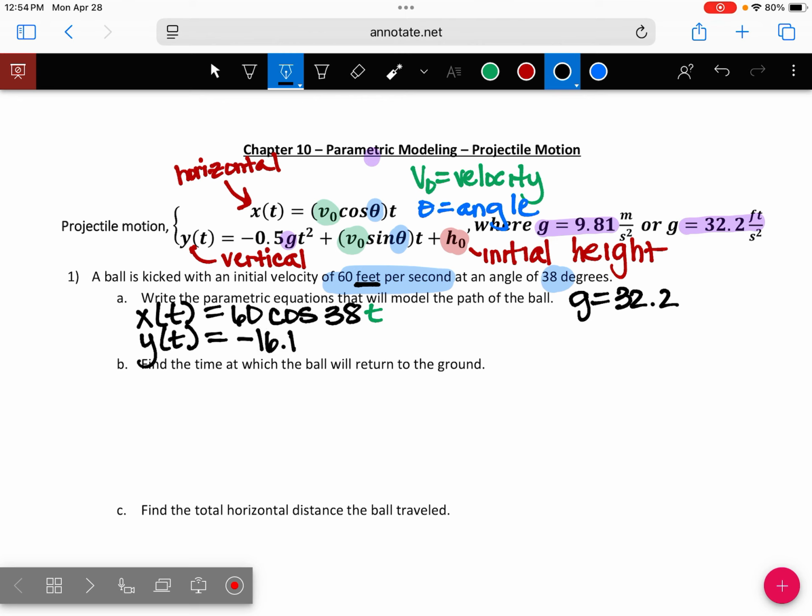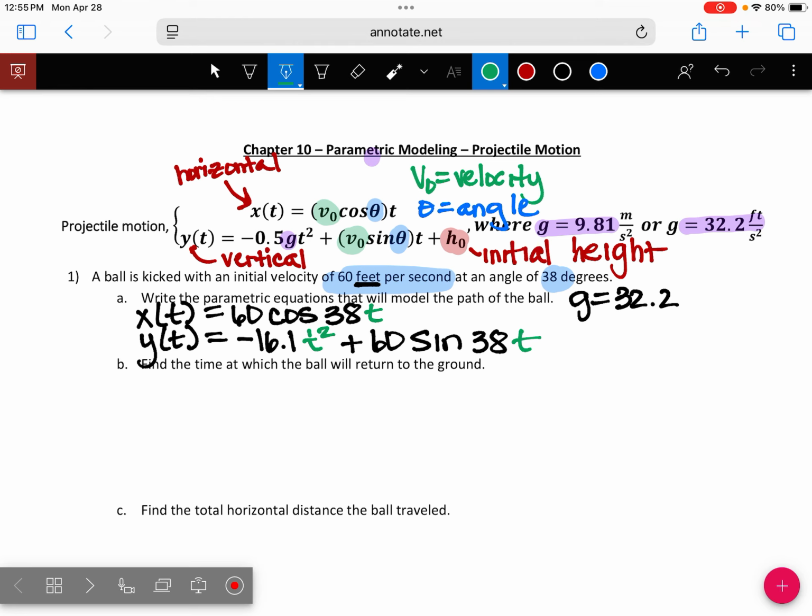You should get negative 16.1, and then it's t squared, and then plus 60 sine 38 t, and then my initial height. Because I'm kicking a ball that's on the ground, what do you think my initial height is going to be? 0. So because my h sub 0 is 0, I'm not going to put it.